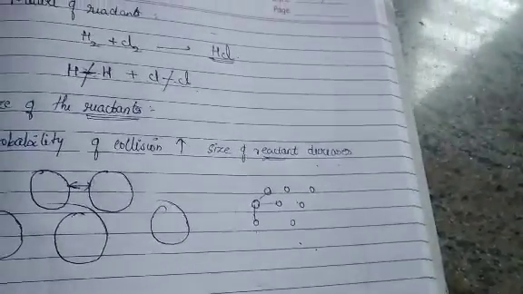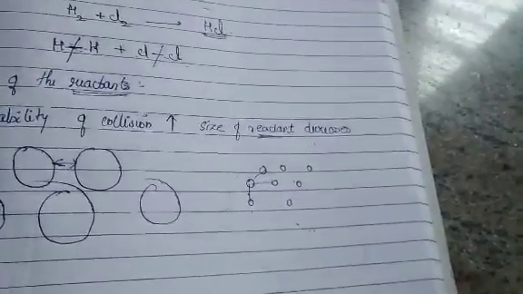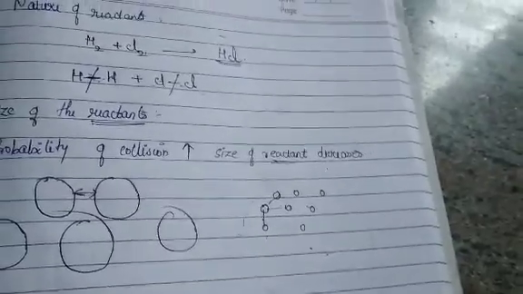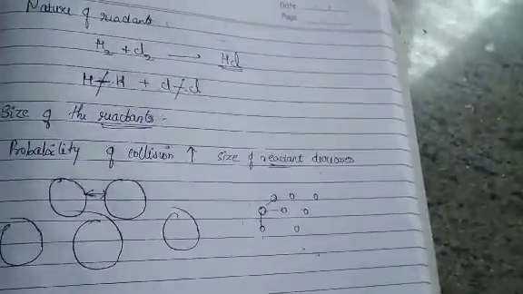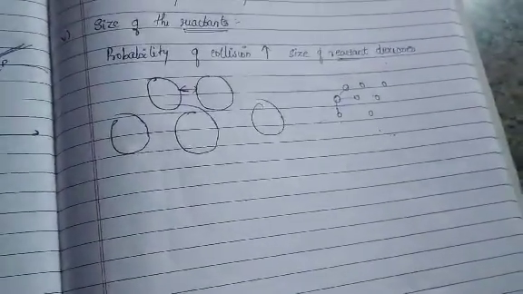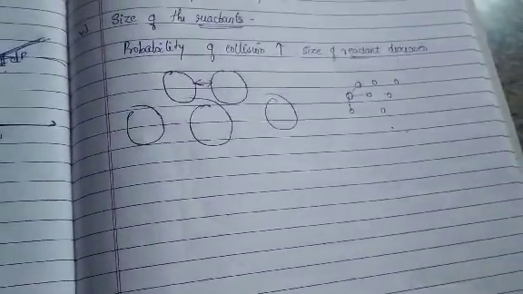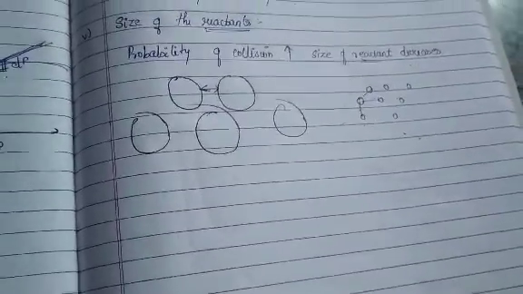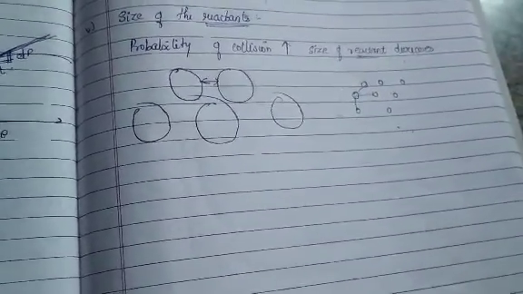With respect to free radical mechanisms, the reaction is mainly initiated, or its rate is increased, with the presence of sunlight. So these are some of the important factors related to the rate of the reaction, that is, how fast a reaction can take place.